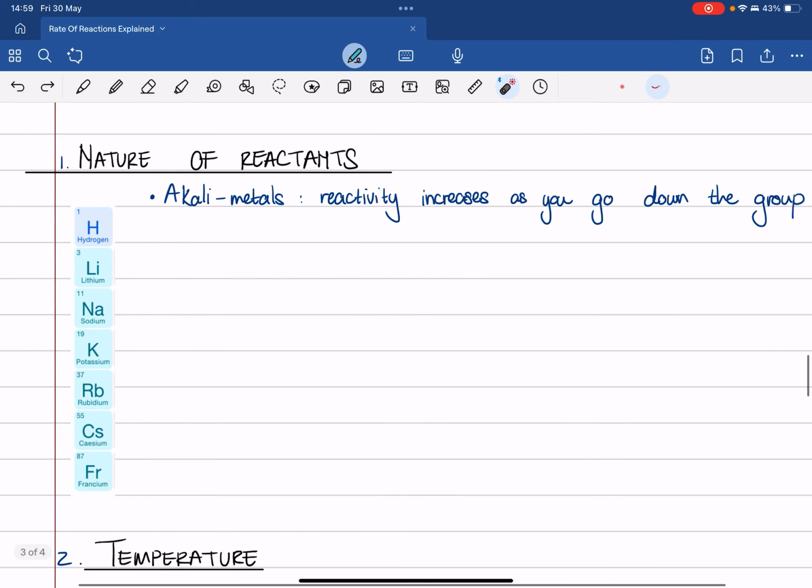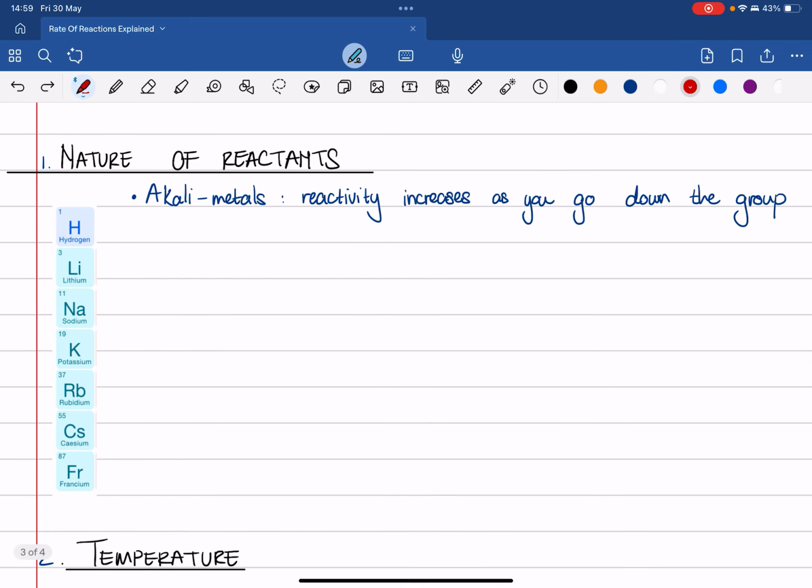So what this statement is telling us is that as you go down this group, the reactivity increases. So if I were to compare, for example, lithium to potassium, I would say potassium is more reactive than lithium.